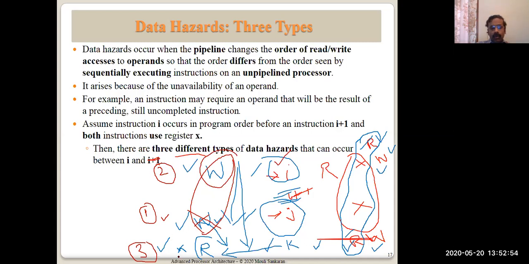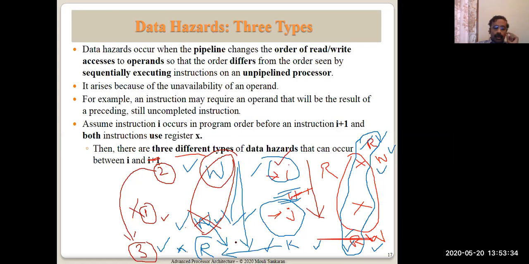As per the program flow, I wanted J's value to be available here, but because the order is changed I am getting this value now, and this value is lost. So even writing into a register, if it is not happening in the order you wanted, it will have an issue. Reading and writing combinations, if not happening in the proper order, will be an issue. Writing of registers, if not happening in the right order, will be an issue. Only two reads can happen in the wrong order, provided there is no write in between, with no issue.